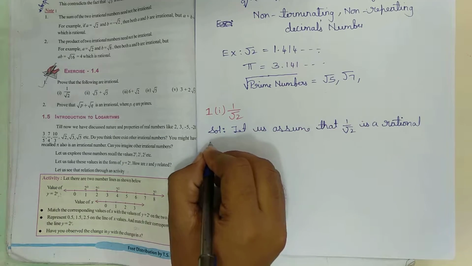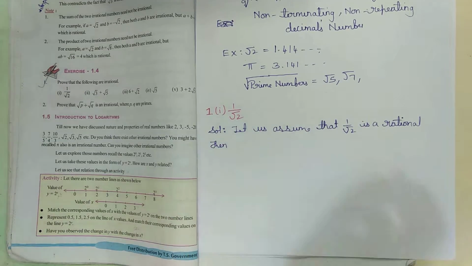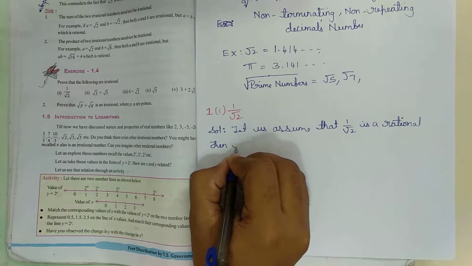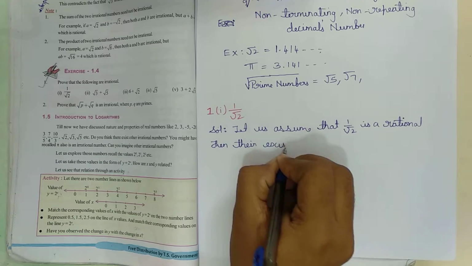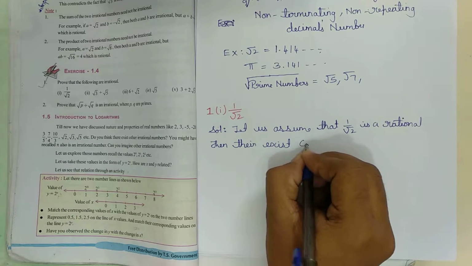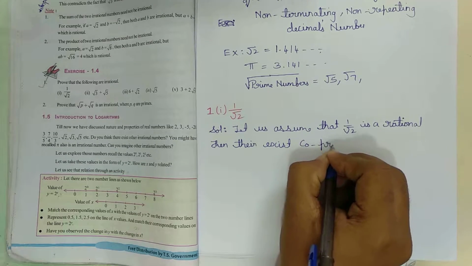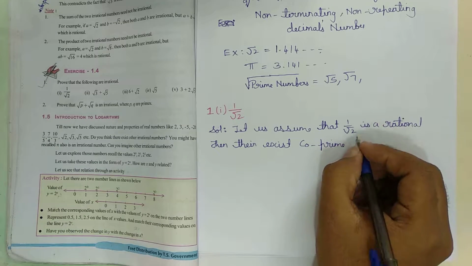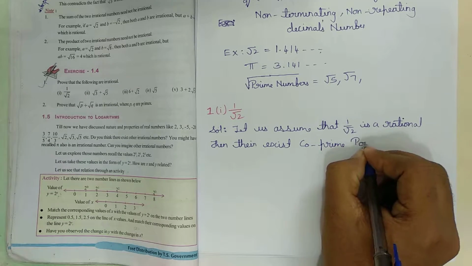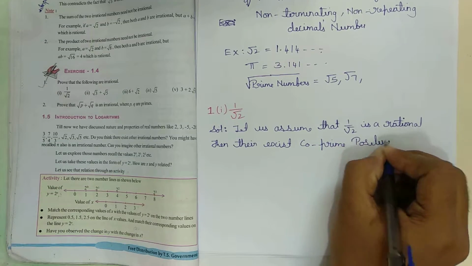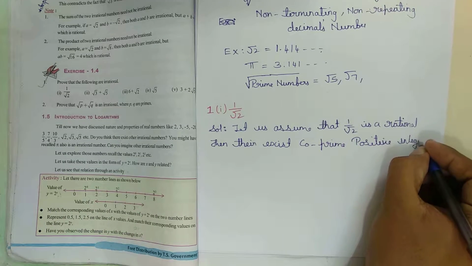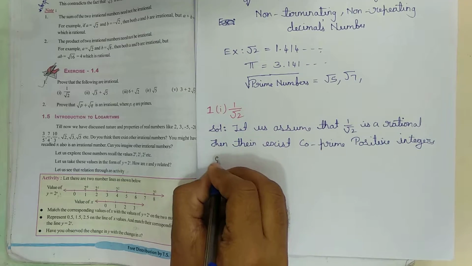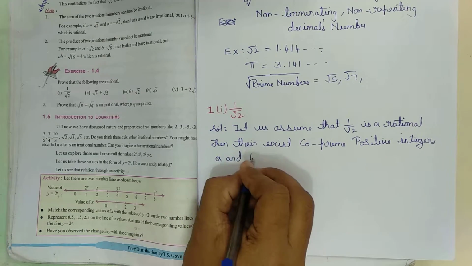Then if it is a rational number, there exist co-prime positive integers a and b.